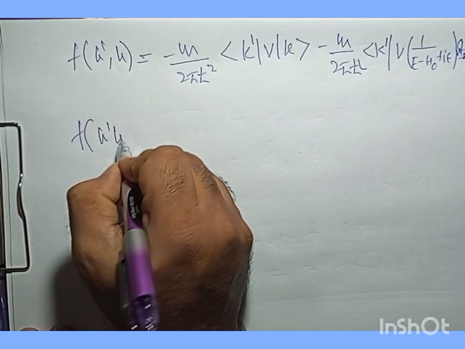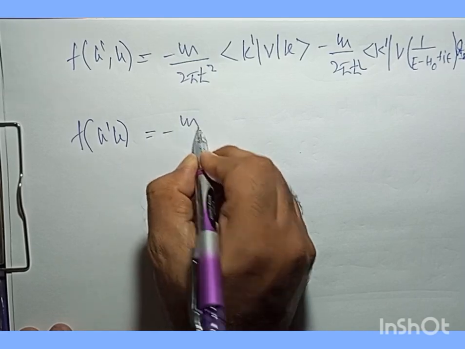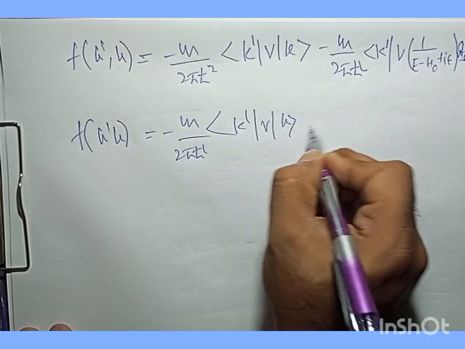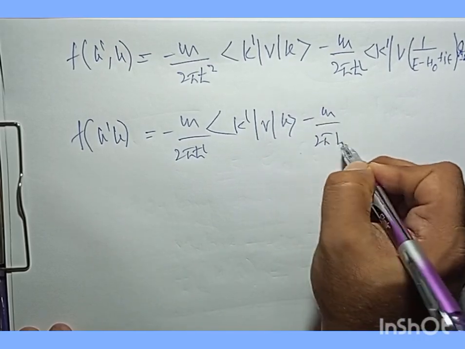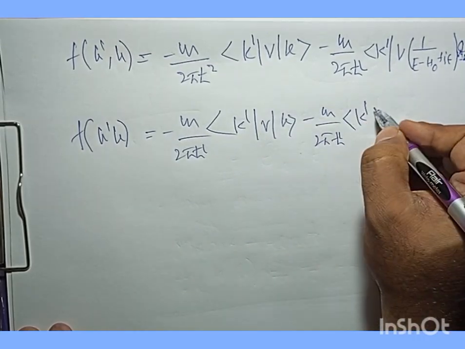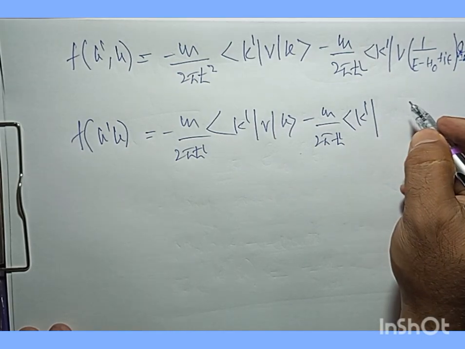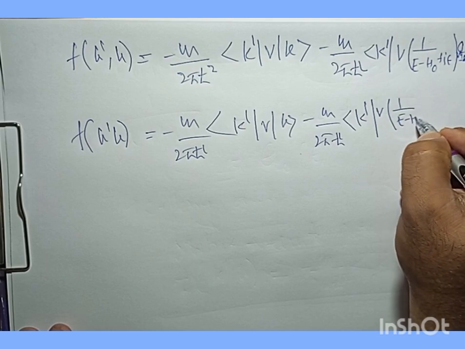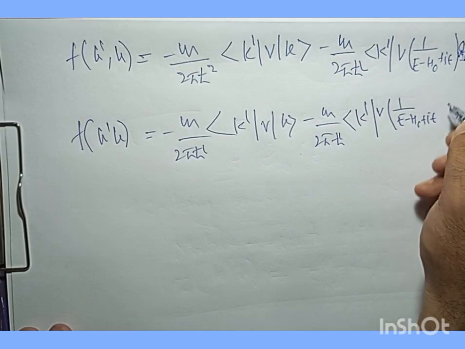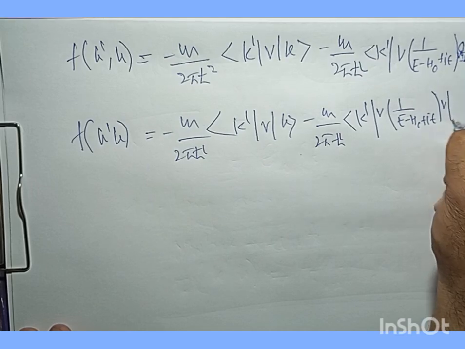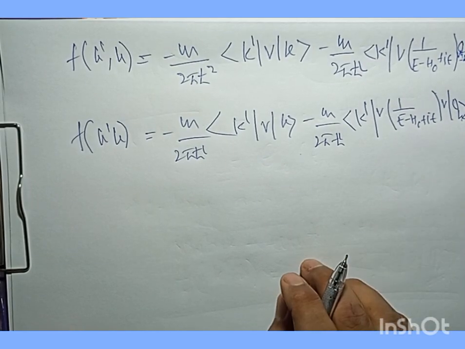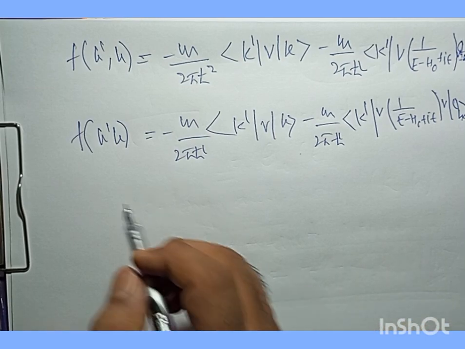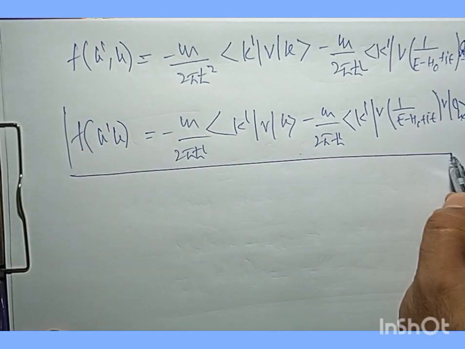So f of k dash k, the scattering amplitude, is minus m by 2 pi h bar square, then k dash v of k, then minus m by 2 pi h bar square, then k dash, and using the Lippmann-Schwinger equation, we have v times 1 by E minus H naught plus i epsilon, and here I have v and then I have psi of k. That's the case. Now this is the full expression for the scattering amplitude.